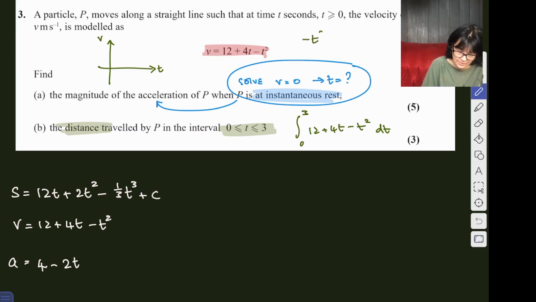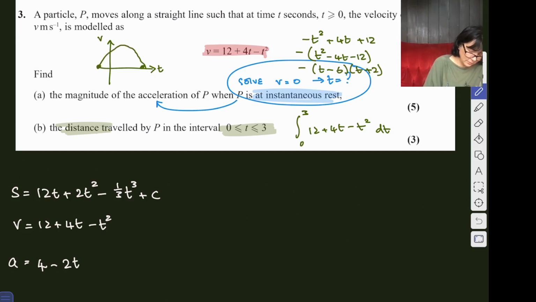It's minus t squared plus 4t plus 12. Let's see if I can factorise that. So I think we're going through 6 and minus 2, and it's a negative quadratic, like that.